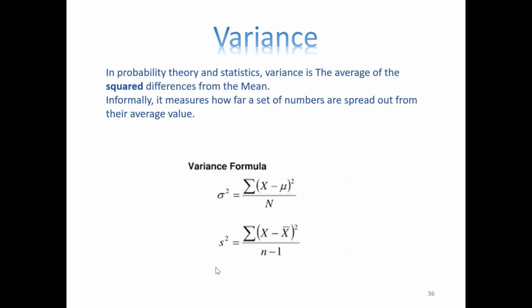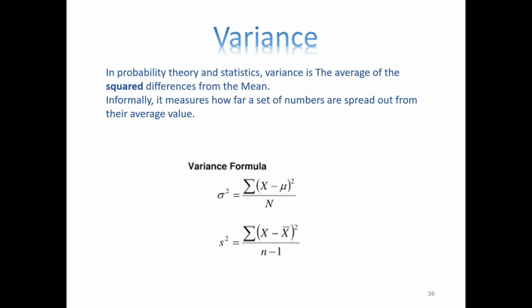This is called Bessel's correction. It has been introduced to increase the variance in comparison to population, because when we are taking samples, the variance gets reduced and the distances get reduced in comparison to the population, because we might be missing one or two values in comparison to the population while we are taking the sample, so the variance would automatically be less in the sample in comparison to the population.